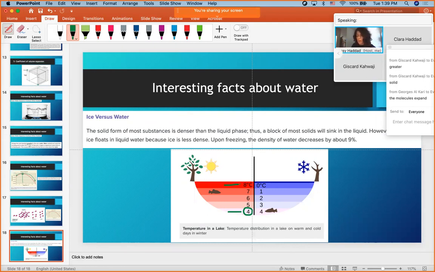However, in the winter season, when you have ice on the surface at 0 and you go down, the 4 is gonna be at the bottom, at the highest depth, because it's the most dense water temperature. This affects a lot the water flow in lakes.